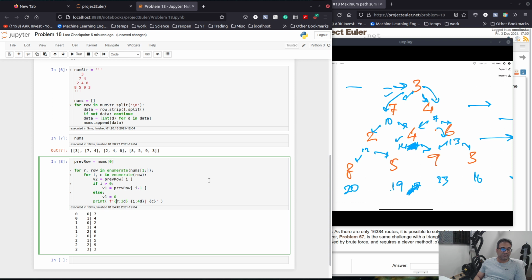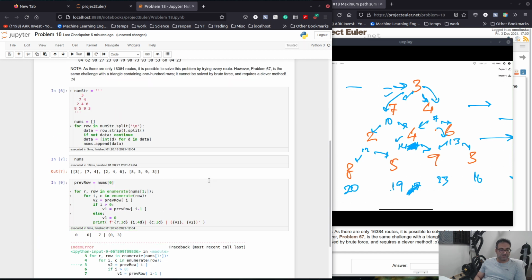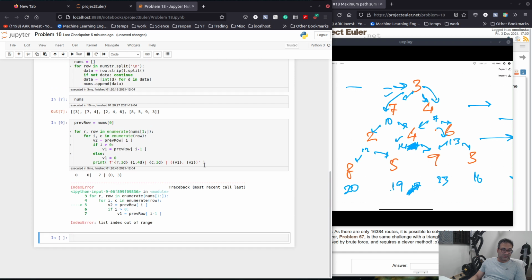Okay, so we want to print v1 and v2, like that. This gives an index out of range error.